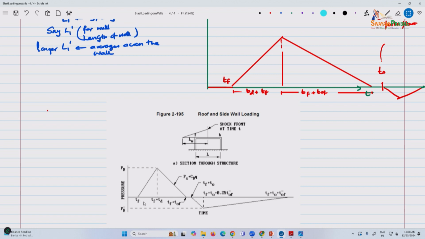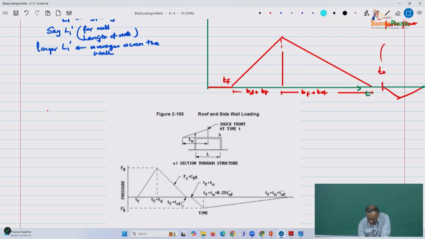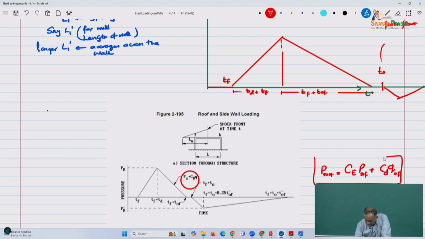What you see here is PR, TF, TF plus TD, and this curve is PS plus CD times Q. That's the peak value. So here you have P roof or the P side wall, there is a coefficient CE multiplied by PS, plus the drag coefficient multiplied by Q. The drag is associated with the wind pressure.